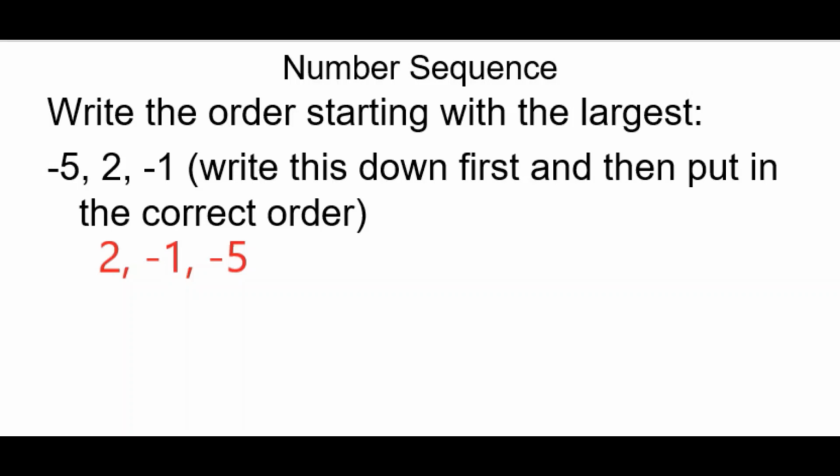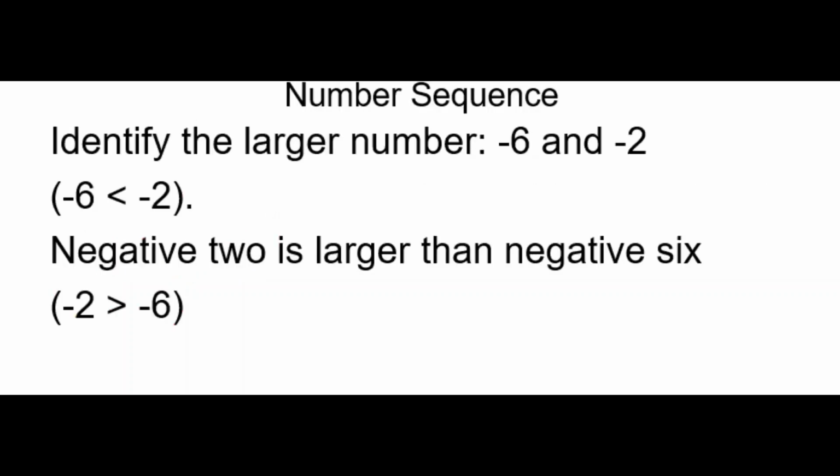Okay, so let's go ahead and take a look at this number sequence here. It says, identify the larger number: -6 and -2. Here I've got greater than, less than, and as with everything I've done so far, I'm going to assume you know what greater than or less than is. So you can just put down the correct indication of whether it's greater or less than, based on the numbers.